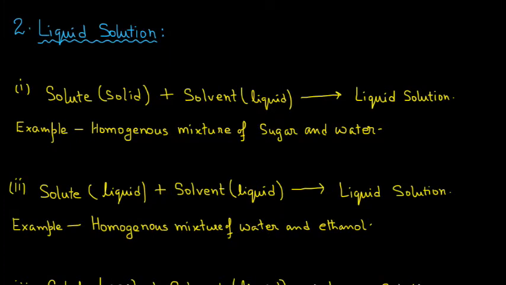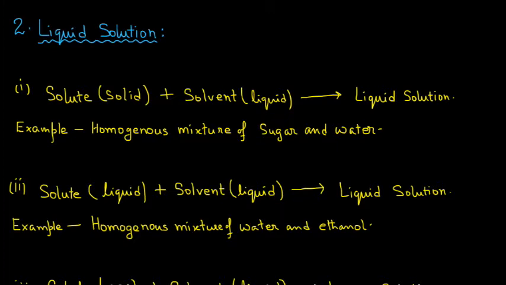Now, liquid solution. Liquid solution can also be of three types, where the liquid solution's state is liquid, so the solvent in all the three types will be liquid. The first type of liquid solution can be solute is solid, solvent is liquid, which gives liquid solution. Example, homogeneous mixture of sugar and water.